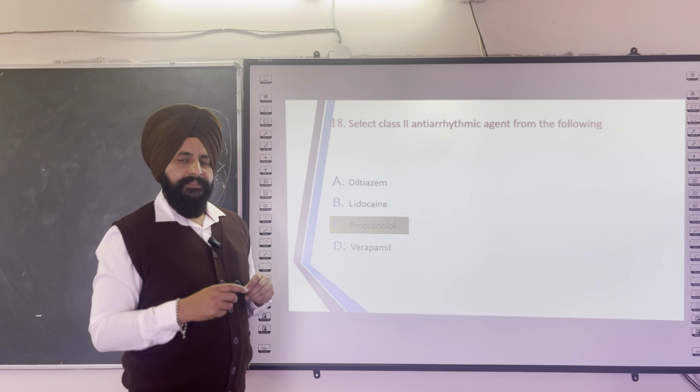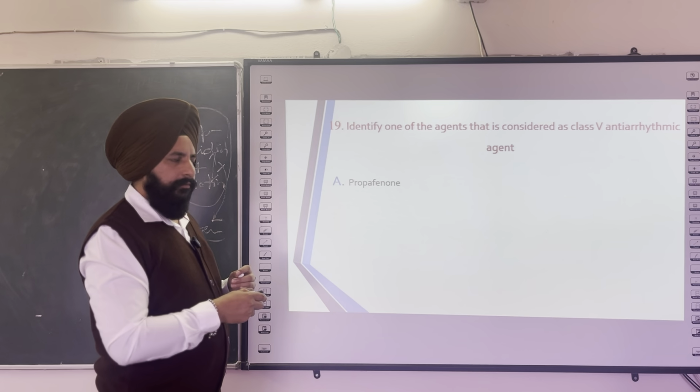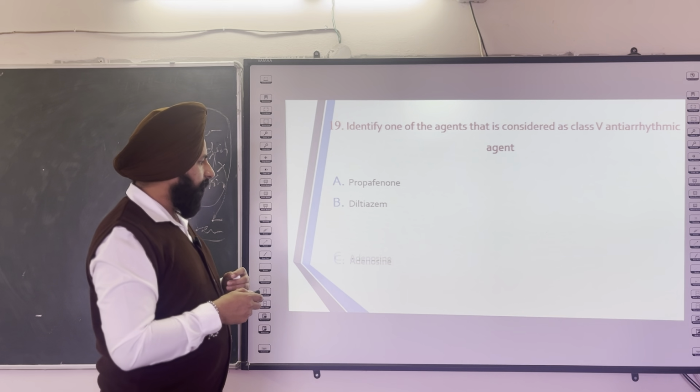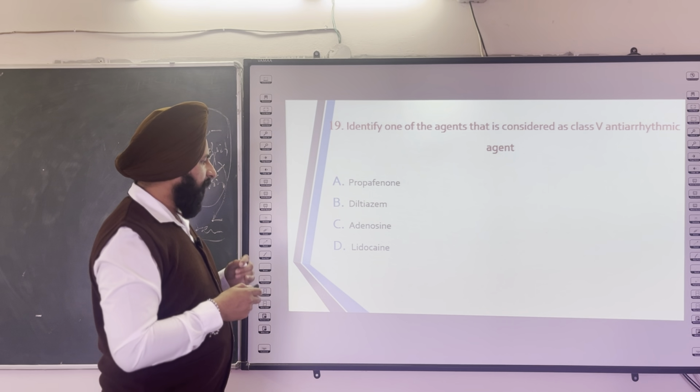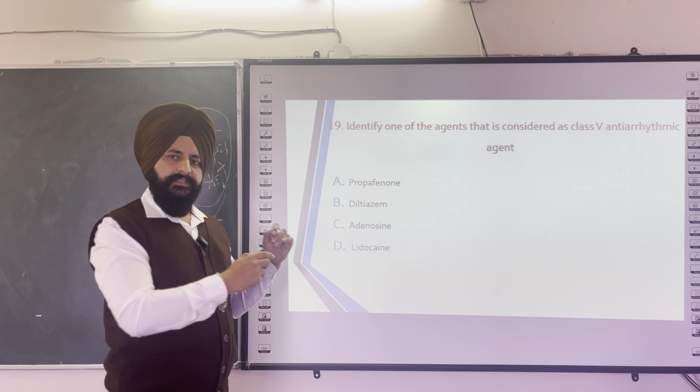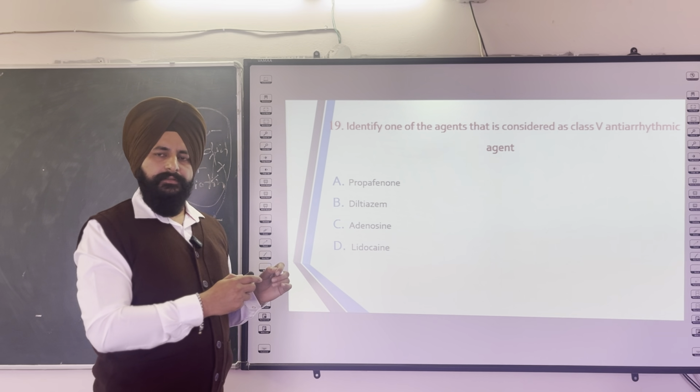The next question for this series is: identify one of the agents that is considered a class 5 antiarrhythmic drug. The options are propafenone, diltiazem, adenosine, and lidocaine. Very fast, you answer this question or comment in the box.